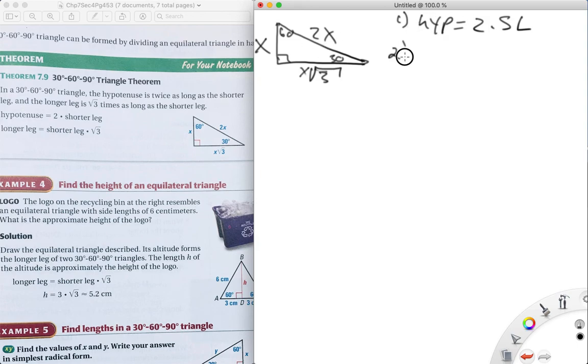And then the second equation is that the long leg is equal to the short leg times the square root of 3. Those are my two equations.